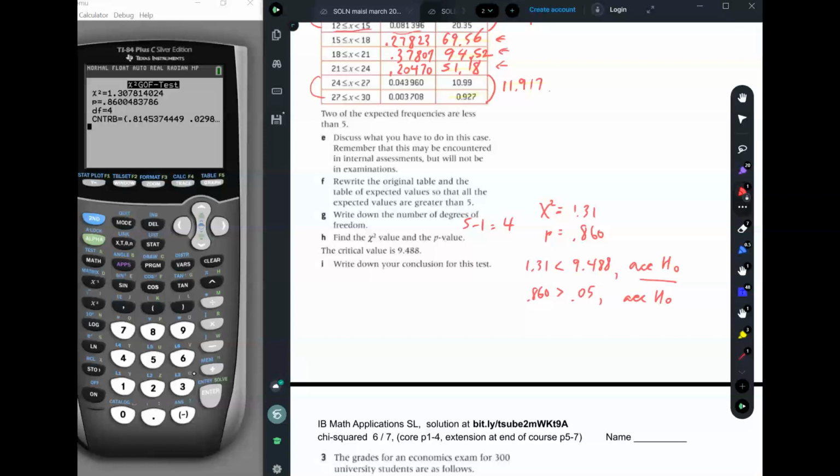That is the end of this problem. The only thing different about it from before is we have normally distributed data instead of uniformly distributed data. And we also took a look at what you do when the expected frequencies are less than 5. You merge categories together. And that's it.